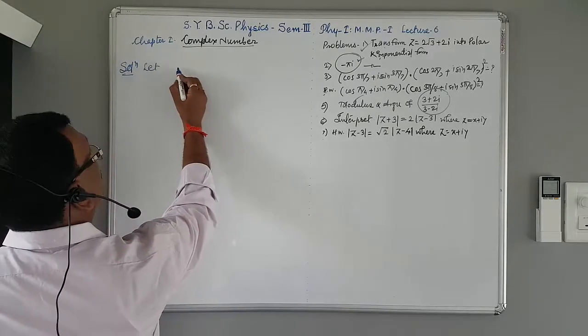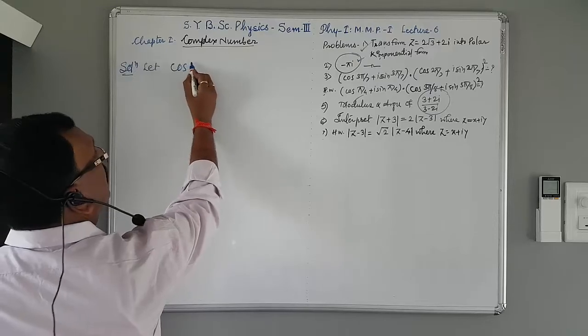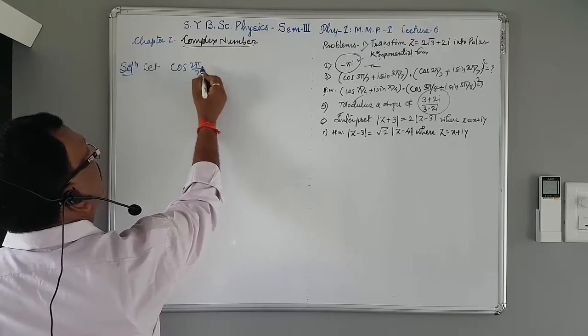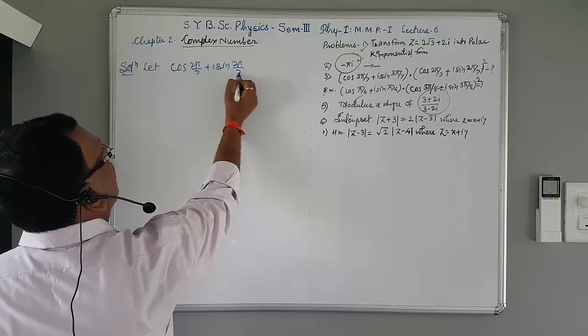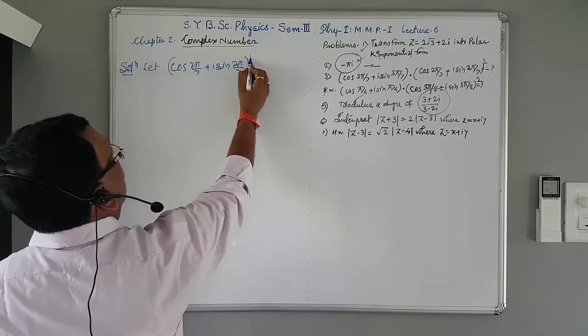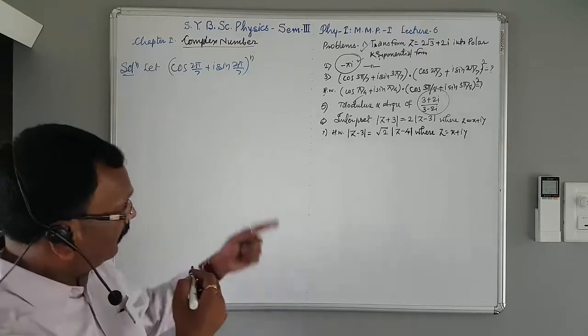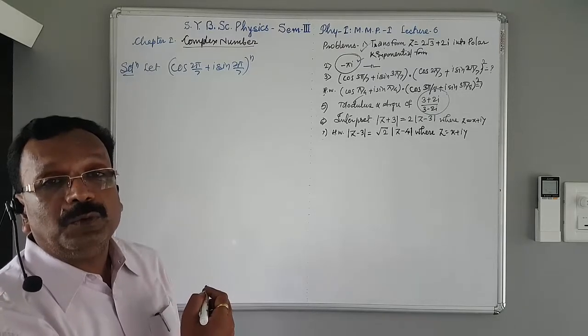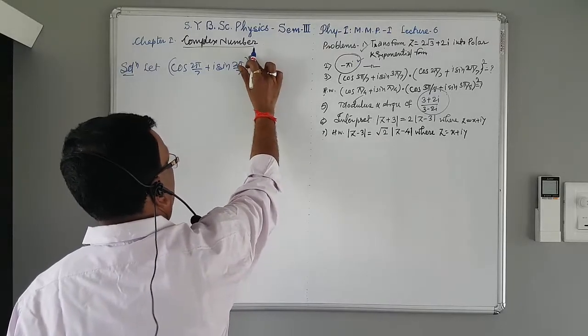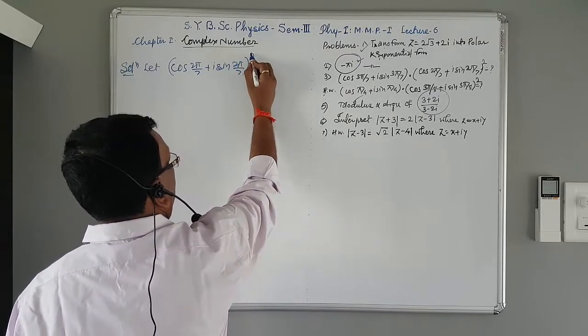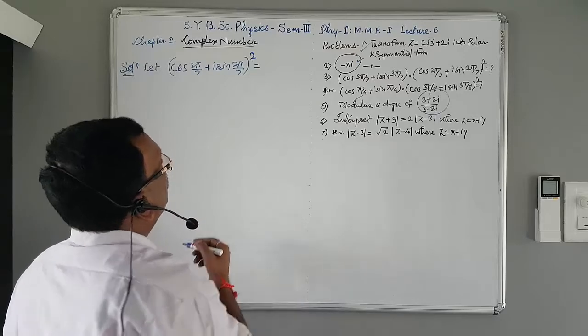Let (cos 2 pi by 7 plus i sin 2 pi by 7) be raised to n. According to de Moivre's theorem, from this term, here the power n is 2.